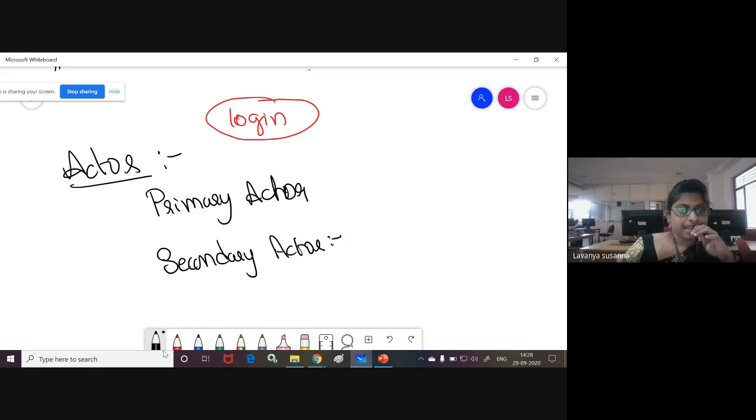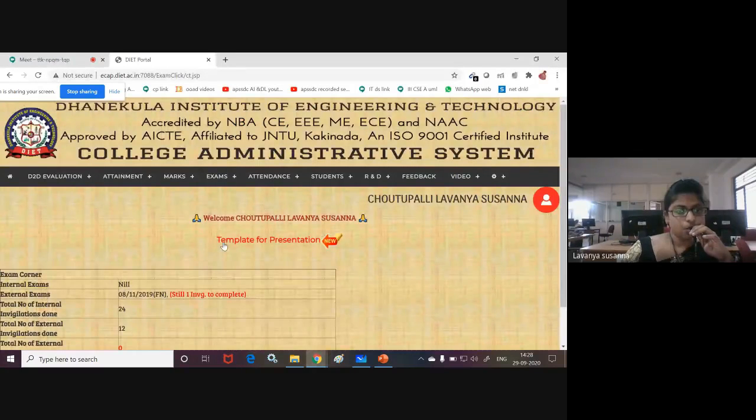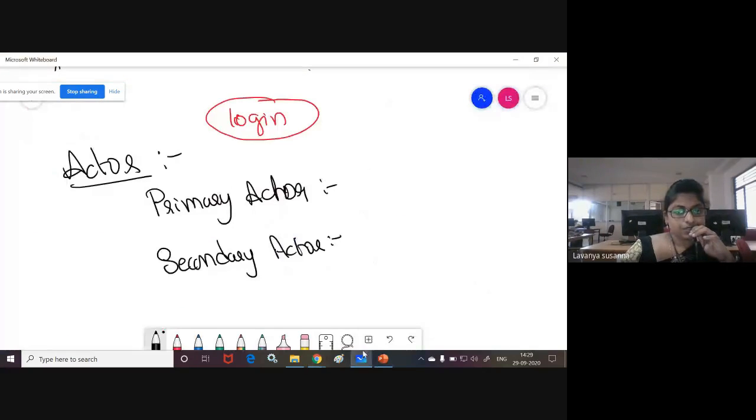See, primary actors are nothing but who uses the system, to whom the functionality is required. For example, let us take this college administrative system. Who uses it? Faculty, students, right? Admin also, I'll explain it. Students and faculty. Now primary actors will be students, faculty.